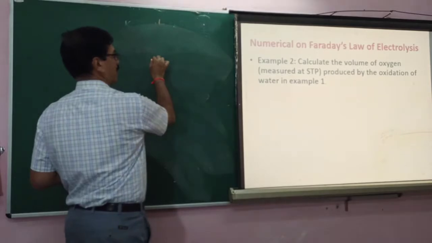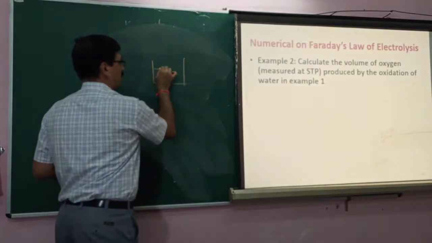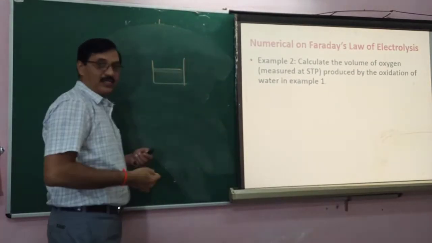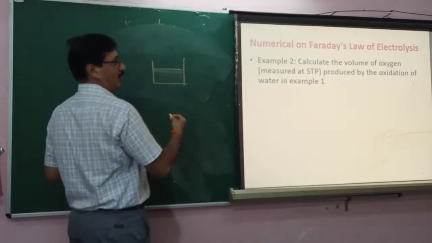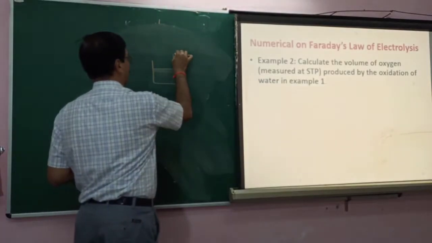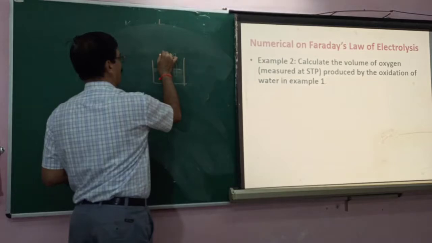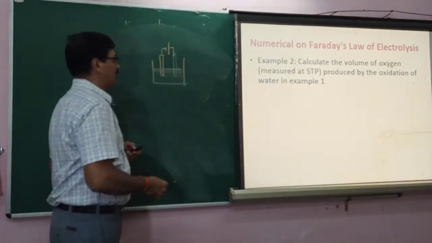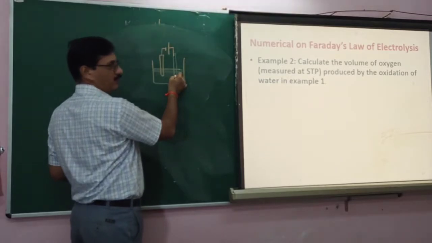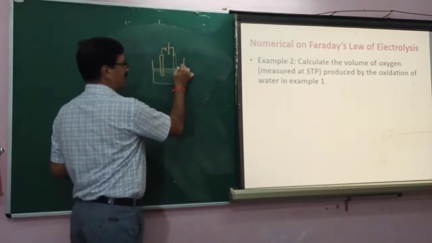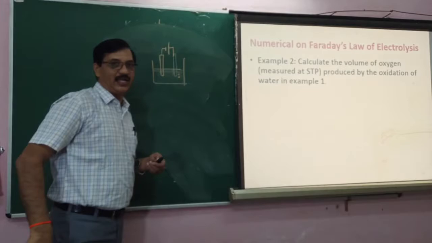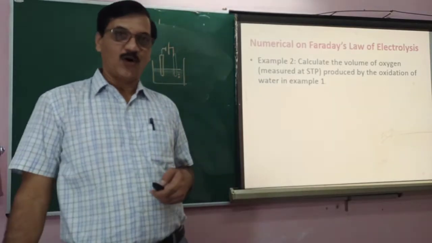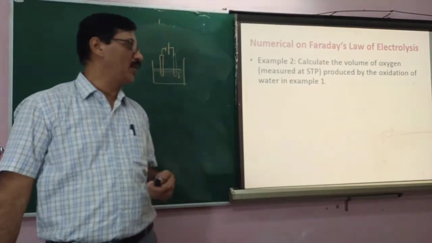Say here, some salt solution may be taken, or water itself may be taken, and so the oxidation of water takes place. Oxidation takes place at the anode. So at the anode oxygen is coming, and you have to calculate the volume of oxygen gas which is being produced.